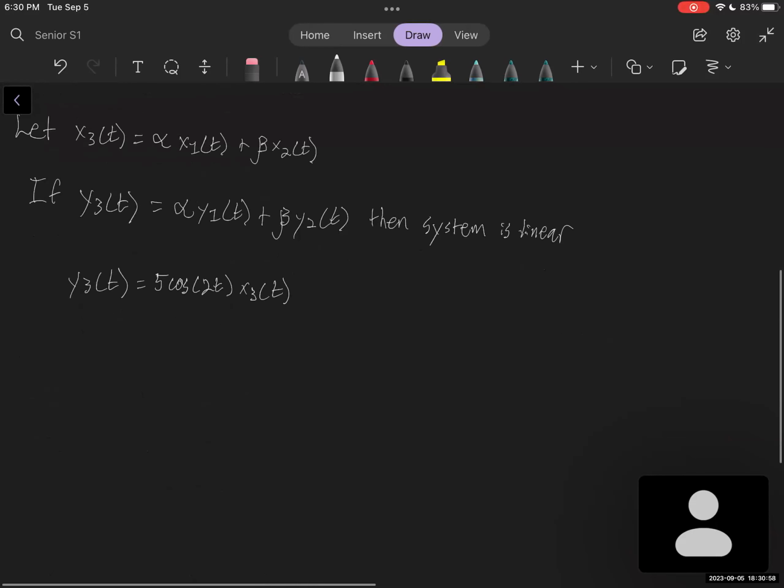Now our x3 of t term we have defined in terms of our x1 and x2, so we can substitute in our defined version of the variable, and we get 5 cosine of 2t times our alpha x1 of t plus our beta x2 of t.